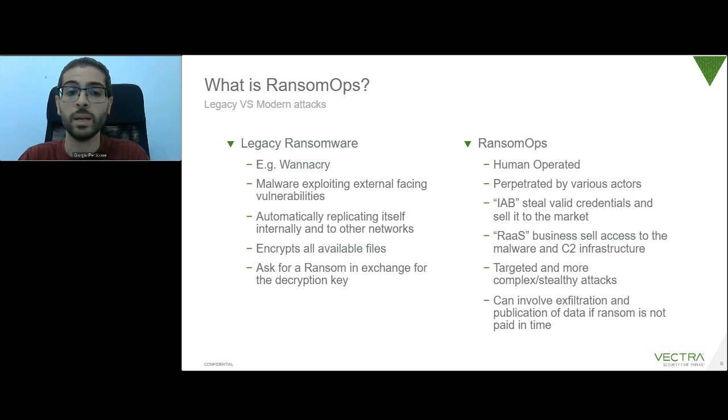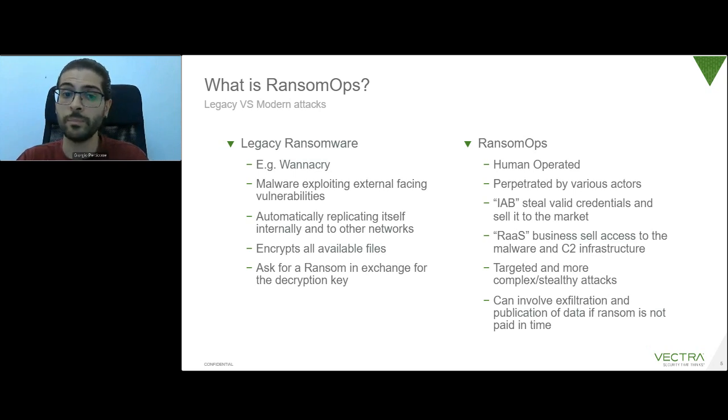And on the right, I put what modern attacks involving ransomware look like today. So it is not everything automated. It is human operated, and actually different actors are perpetrating it. So you have, for example, the initial access brokers, whose objective is to get access to the target environments, maybe steal valid credentials, and then sell them to the market.